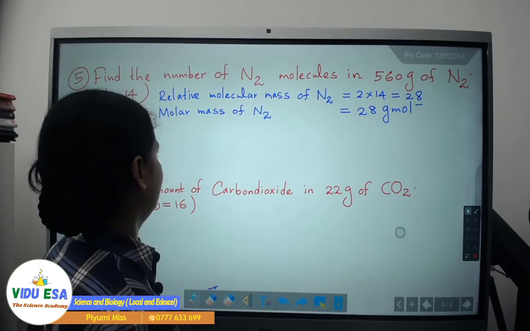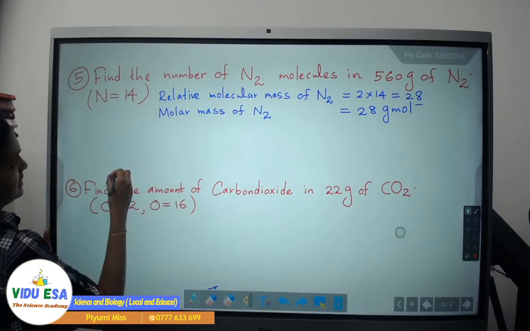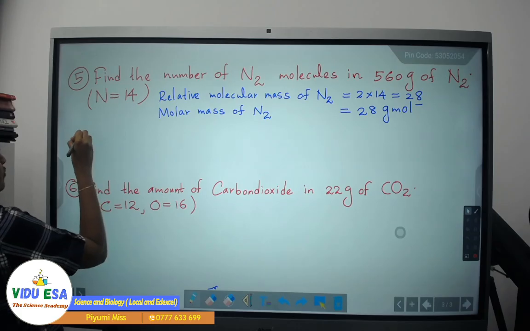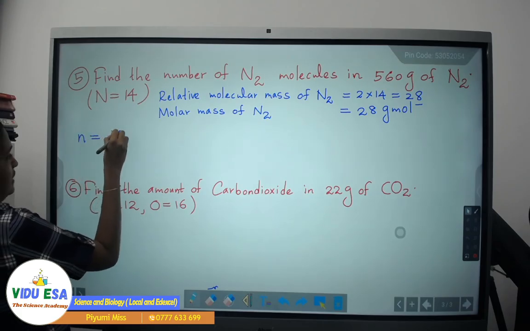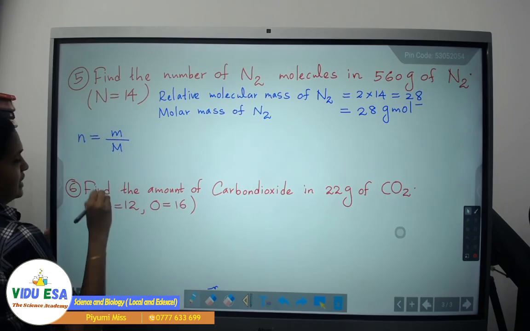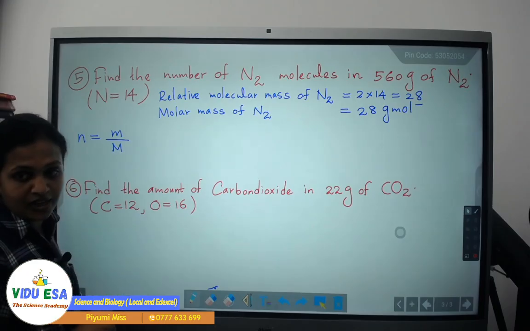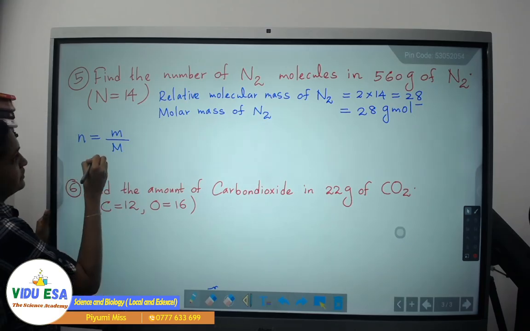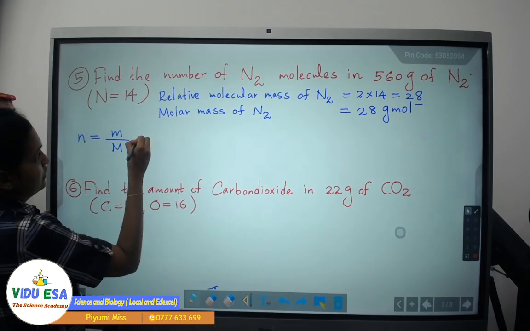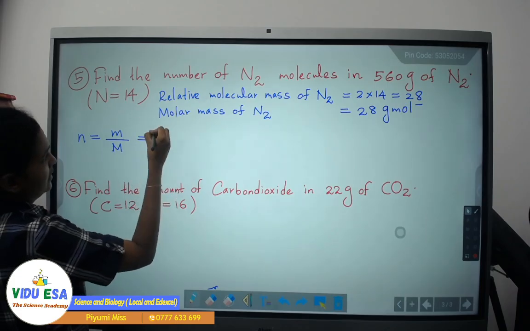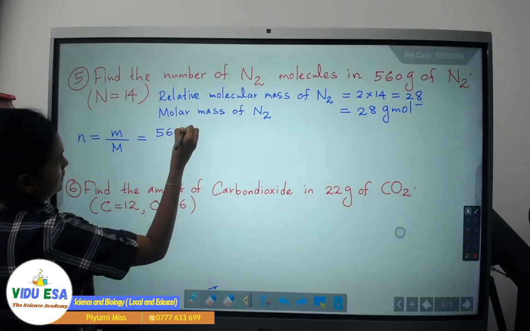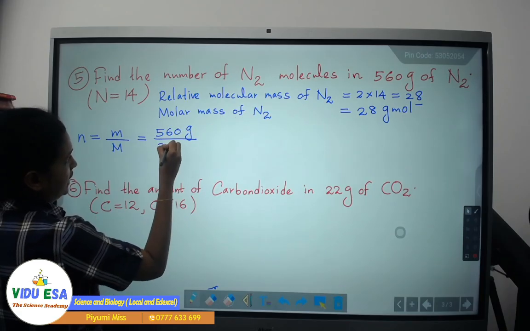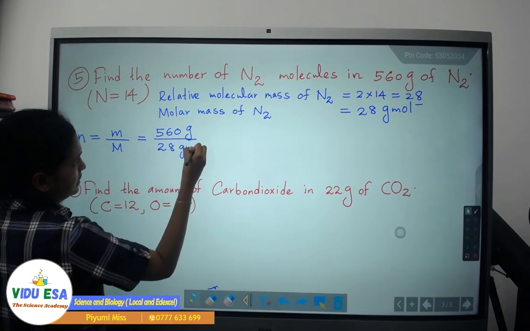Right? Okay. We can substitute for the equation the number of moles. Number of moles equals mass divided by molar mass. So we are going to find out the number of N2 moles. Okay. The mass equals 560 grams. The molar mass we have found out, 28 grams per mole.